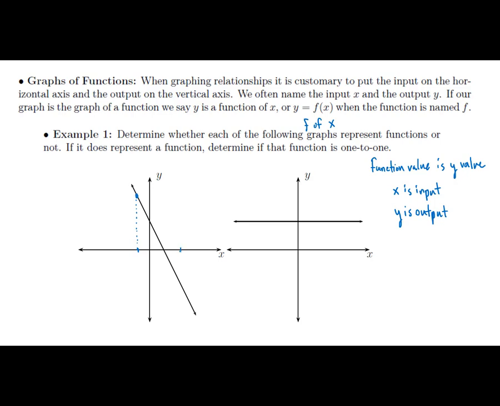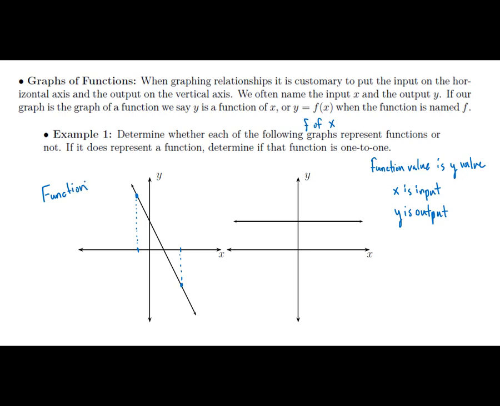If I use this x right here, I can follow it down and see it goes with that one y value. And it's pretty easy to convince yourself here that no matter where you go on the x-axis, there is only one y value that goes with that x value. So we would say, yes, this is a function.